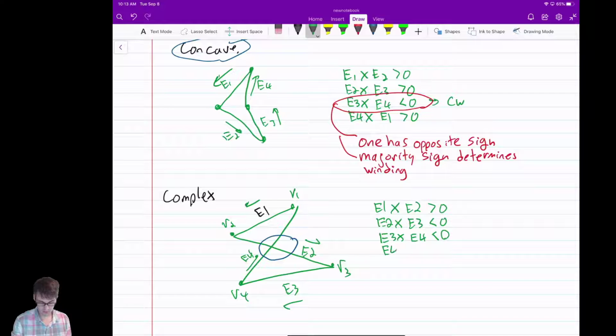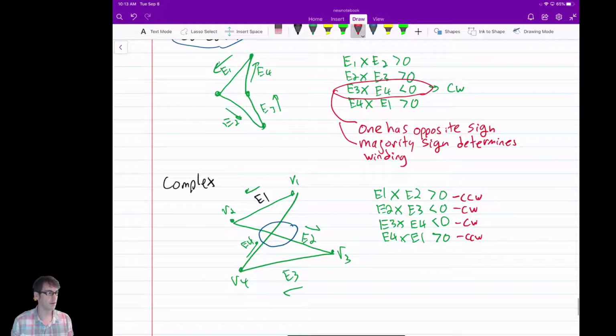And then edge 4 cross product edge 1 goes counterclockwise. Okay, so now we have a different situation. We have counterclockwise, counterclockwise, clockwise, clockwise. So you have a balance. We don't have a majority of counterclockwise or clockwise. So with a complex quadrilateral, we say there's no defined winding.